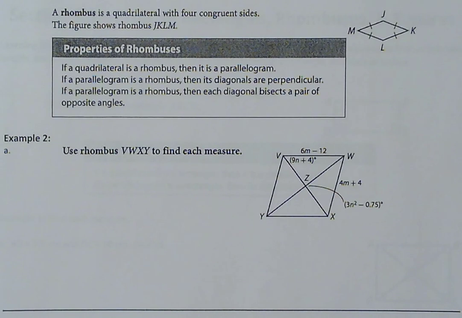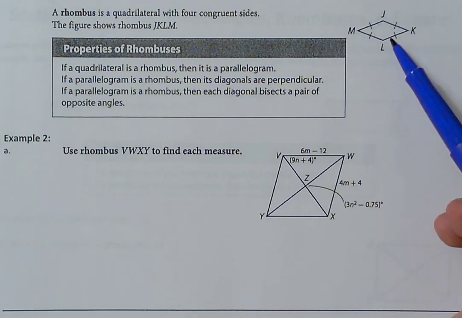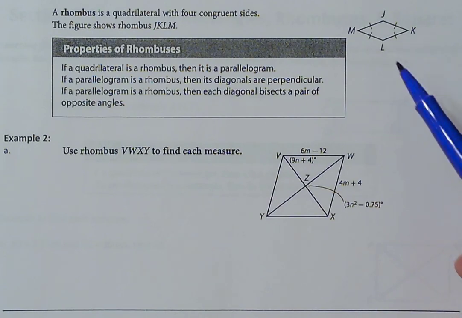So a square is very restrictive in that all 4 sides are congruent and all 4 angles are 90 degrees. Now, let's talk about properties of rhombuses. JKLM is a visual of what a rhombus can look like. We just know that all 4 sides are congruent.